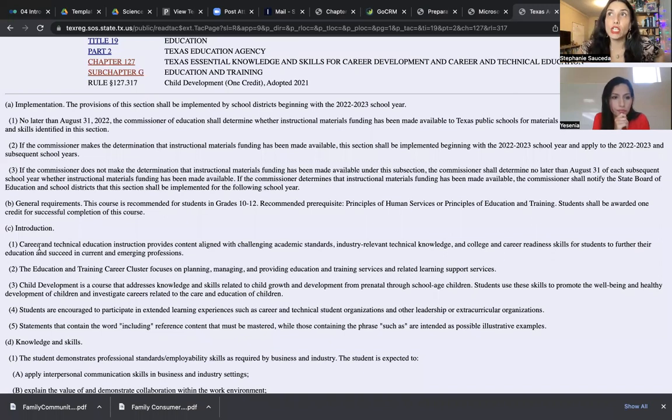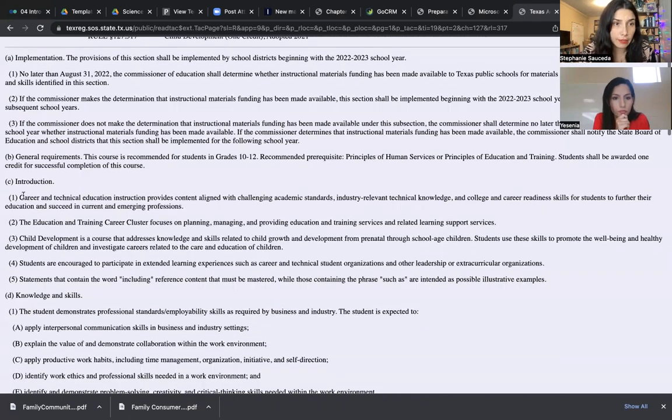The overarching definition is what the goal of this class is that the state of Texas has in mind for students. It says it in the introduction: Career and technical education instruction provides content aligned with challenging academic standards, industry-relevant technical knowledge, and college and career readiness skills for students to further their education and succeed in current and emerging professions.